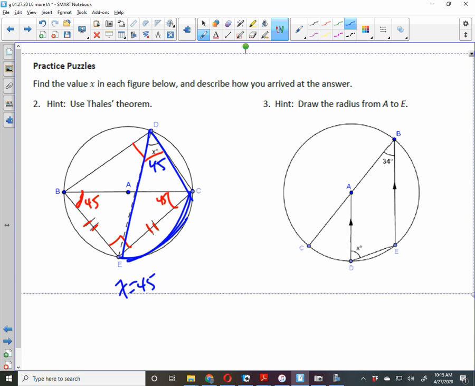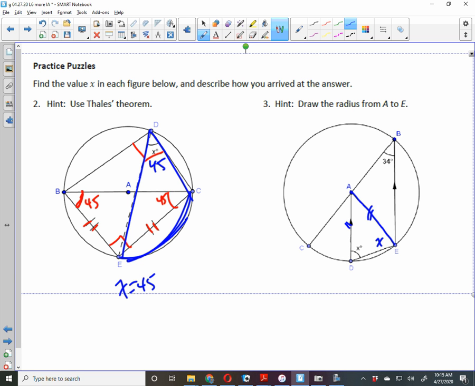All right, problem number 3 says hint, draw a radius from A to E. Well, if you do that, you've just created another isosceles triangle, which means that's also x.